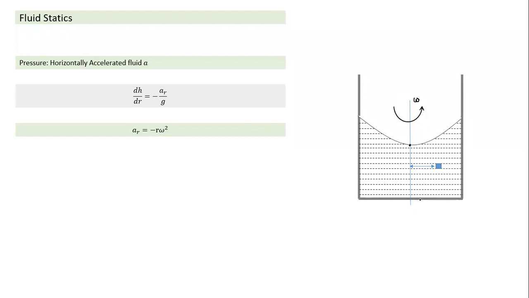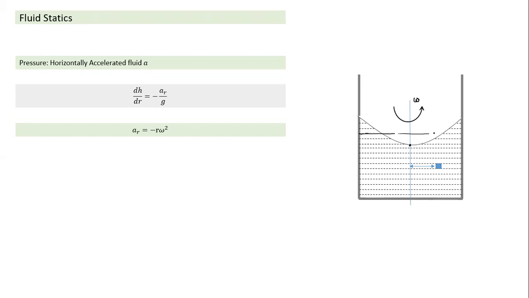And in this case, we are taking the ideal case, where every particle in the liquid is moving in a circular path with the same angular velocity omega. In this case, the level of liquid at the center will be lower. As we go further out, the level will keep rising. It takes a shape, and this shape is a paraboloid. And see what will happen if this was the initial level.